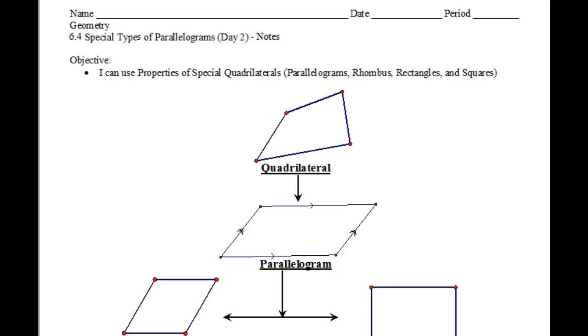So today we're just going to review what we've been talking about this week in terms of parallelograms and special parallelograms, which are the rhombuses, the rectangles, the squares. And we're just going to kind of compare them at first in terms of a family tree. So in the beginning, there's a quadrilateral. By definition, that quadrilateral has 4 sides.